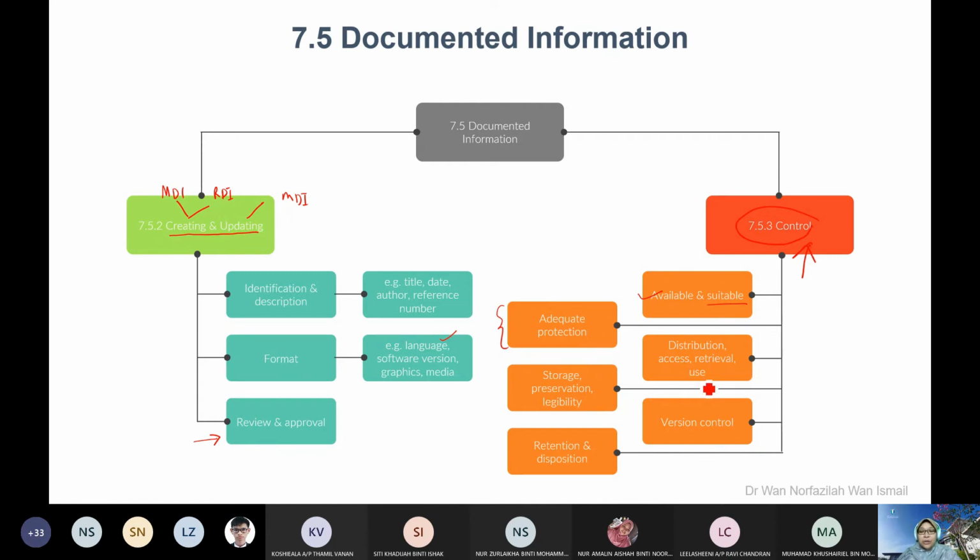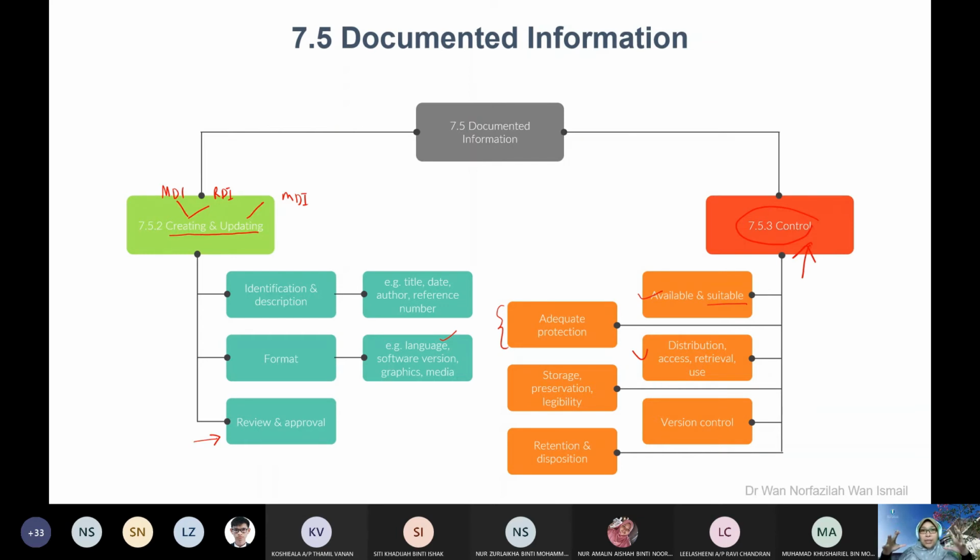Distribution, access, retrieval and use. So how you distribute the documented information, who can access it, how to retrieve it back, and who can use it, you need to control. If the person in charge is working in lab A, this person cannot use or retrieve results from lab B. It is wrong.